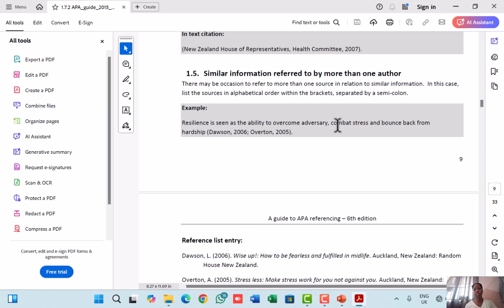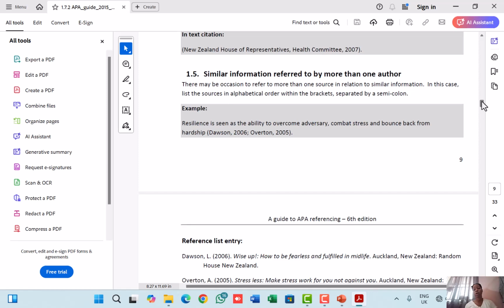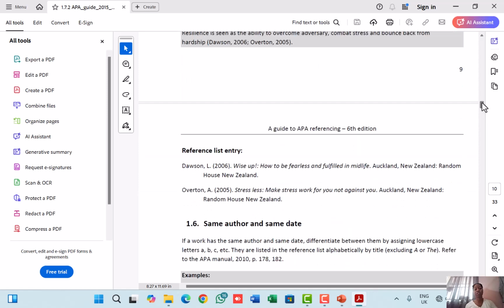The first name should have the least letter in the alphabet, D and then O. In the reference list, you separate them: this is Dawson, and then this is Overton.